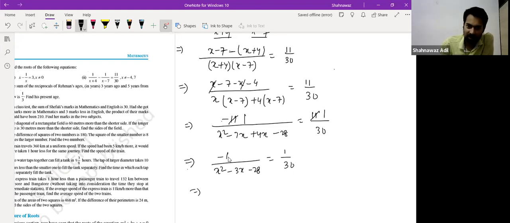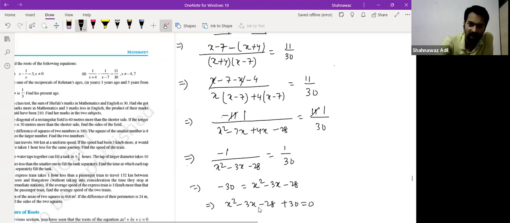So this becomes minus 30, right? And this is x square minus 3x minus 28. Okay. So this becomes x square minus 3x minus 28 plus 30 is 0.